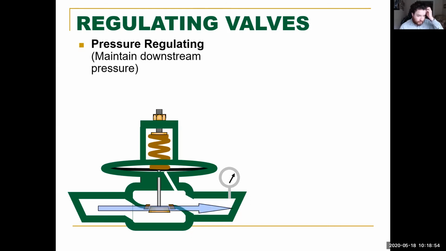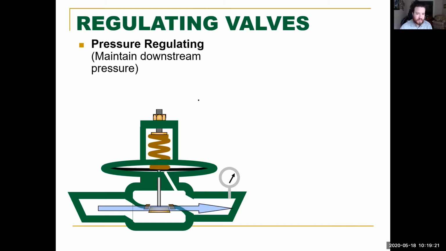So let's talk about regulating valves. All right. And here's the big thing that we have to talk about with these things. Like I said in the spring semester, these things operate, and you can always decipher these things just by looking at them. All right, and this is a pressure regulating valve. It's maintaining the downstream pressure.